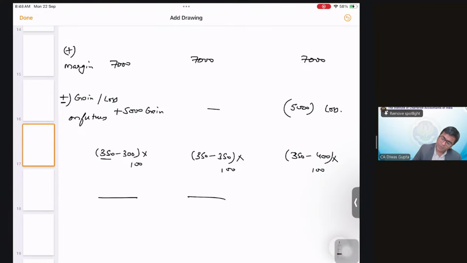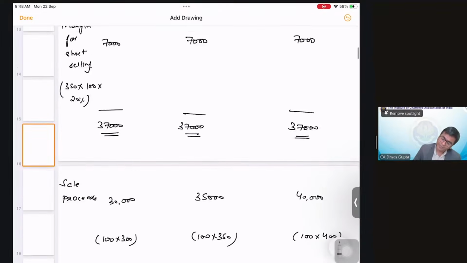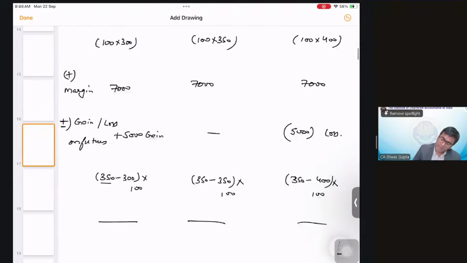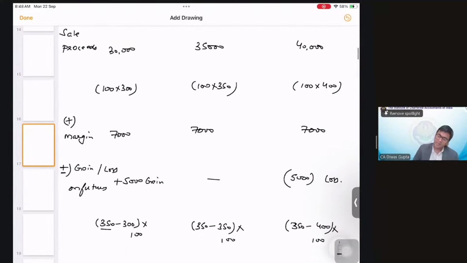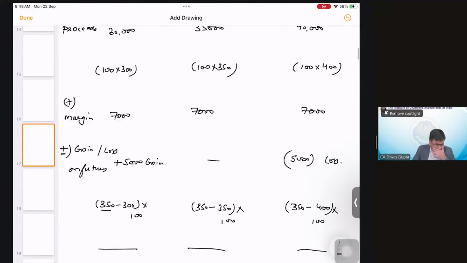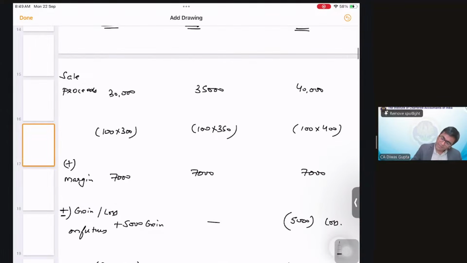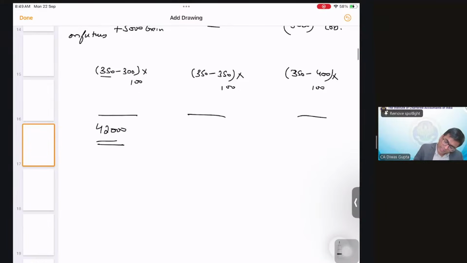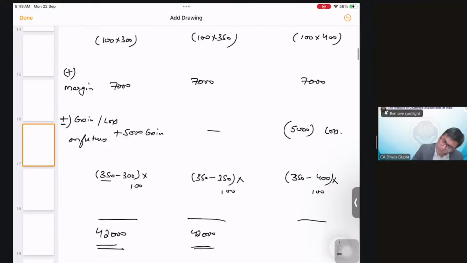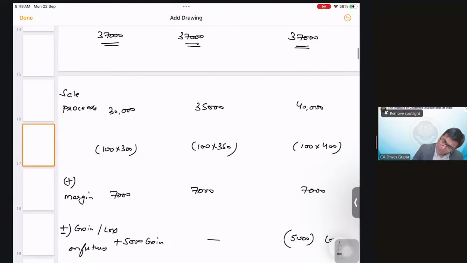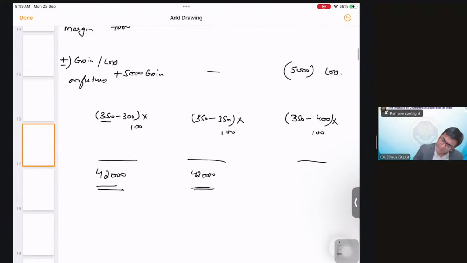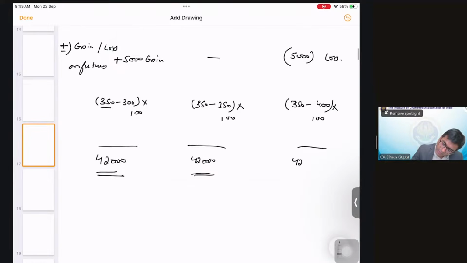So the net amount we are receiving is 42,000. Here it will be 35 and 7,000, again 42,000. And here also 40 plus 7, 47 minus 5, again 42,000 students.